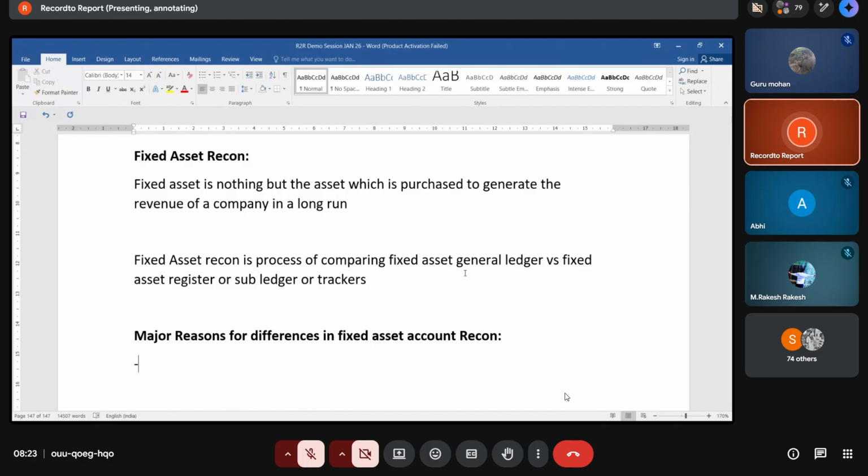Here we are matching the data between the fixed assets general ledger and the fixed assets register. So the main reason is capitalization differences.